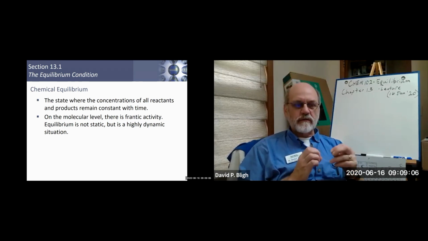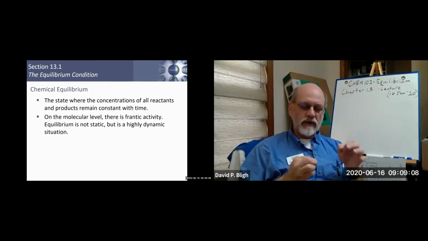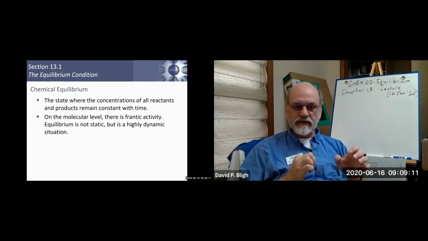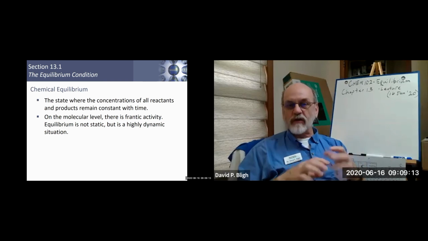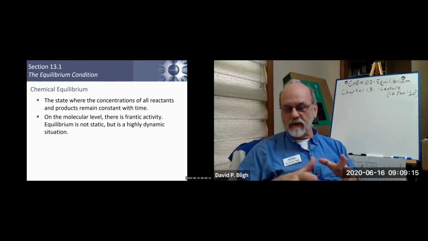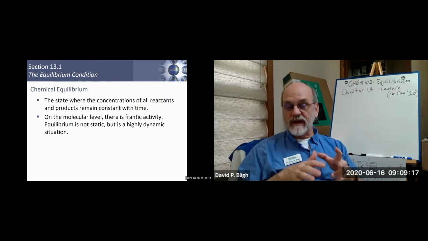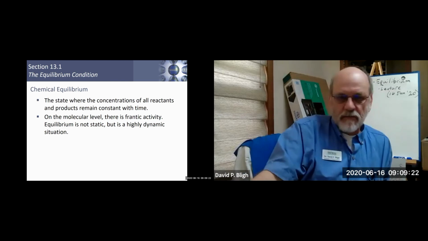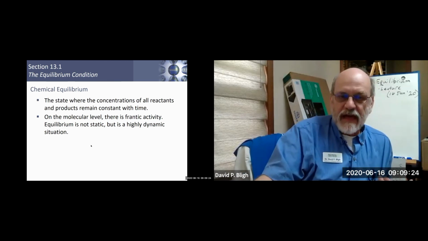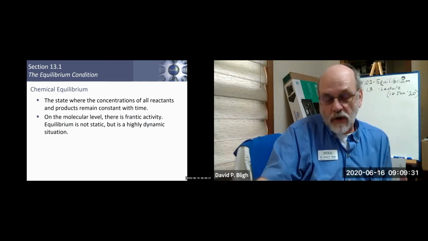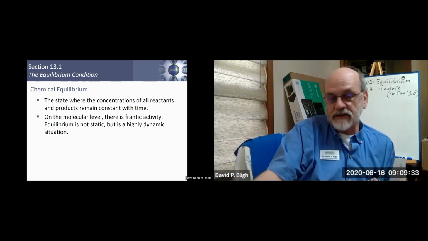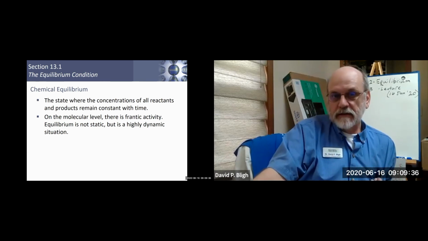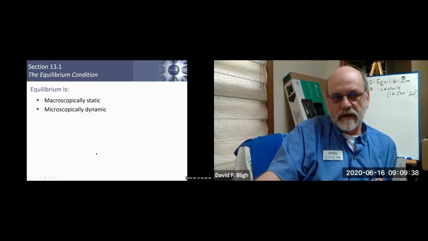That's a different topic, and we'll touch on it in just a few minutes. The tie-in between equilibrium and kinetics has to do with the microscopic level. At the molecular level, things are happening at a furious pace. What you see is that the forward reaction produces products, but the reverse reaction can reproduce reactants just as easily.